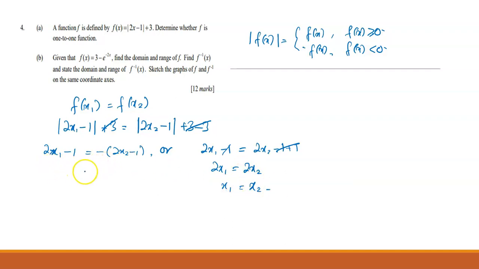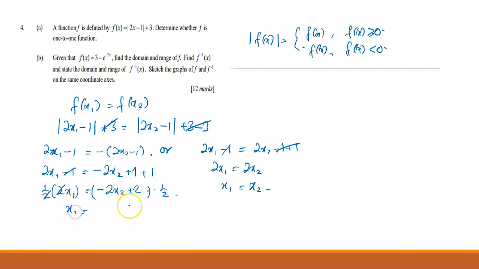Let's take a look at this one here now. 2x1 minus 1 equal to negative 2x2 plus 1. Bring up this negative to the positive here, so it now becomes negative 2x2 plus 2. Okay, and then divide by 2 left and right, or multiply with 1 over 2 here and multiply with 1 over 2.